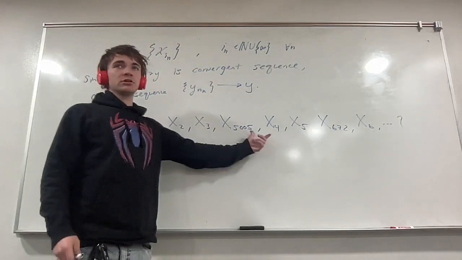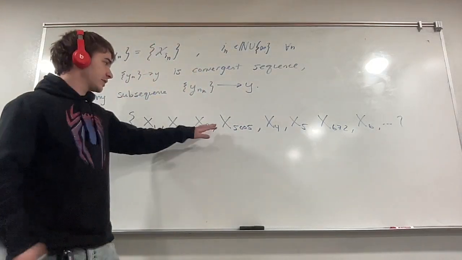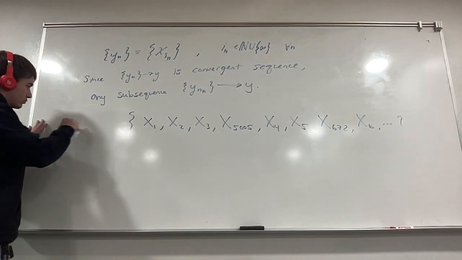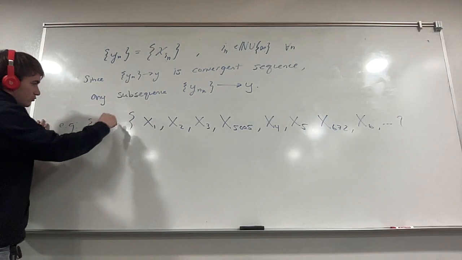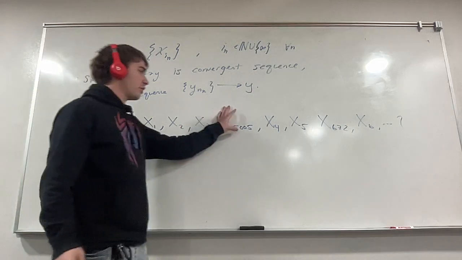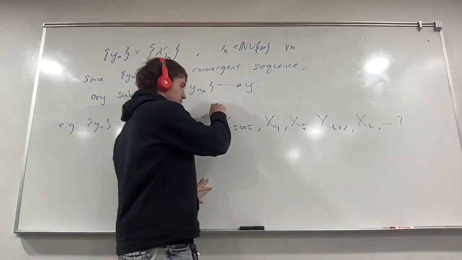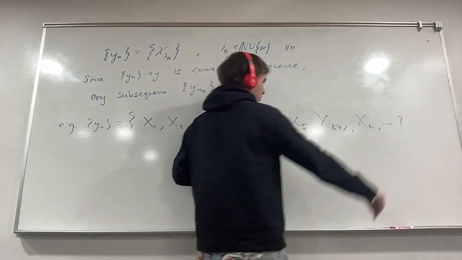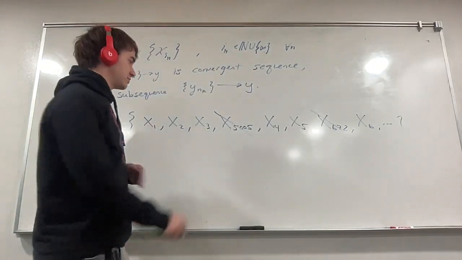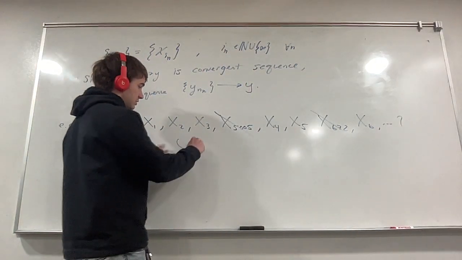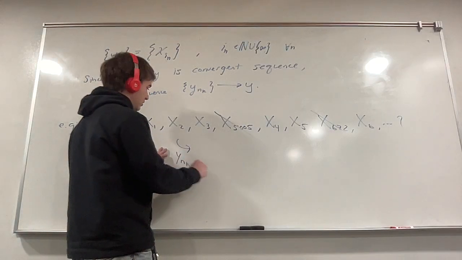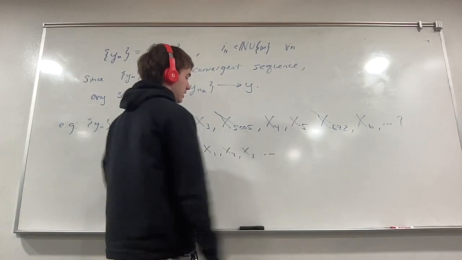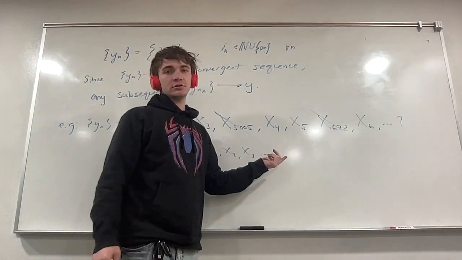This sequence might look a little bit crazy, but if this is my y sub n, I can throw away the x5005 and the x672 in a subsequence, and just pass to a subsequence y sub n sub k, which is just x1, x2, x3, ... And this is going to converge to x.